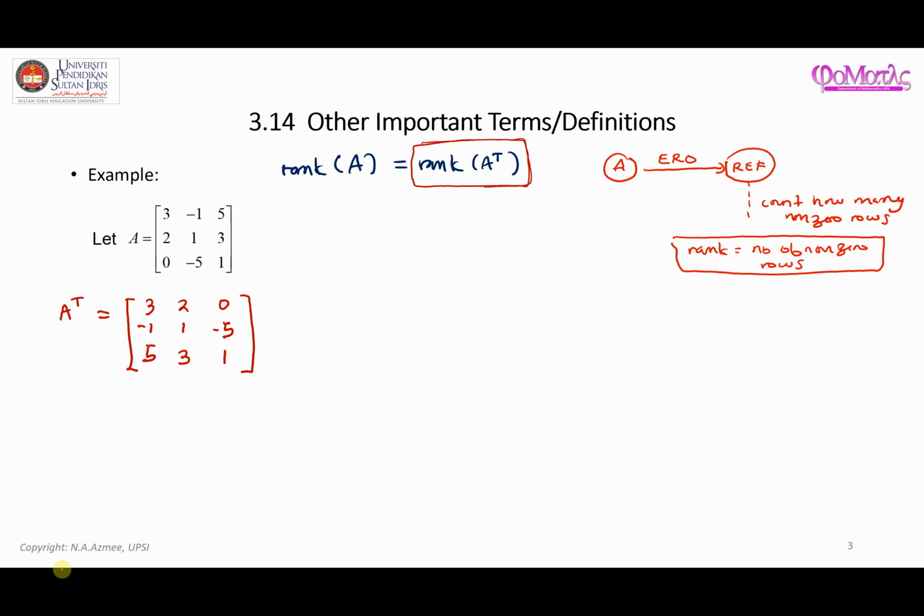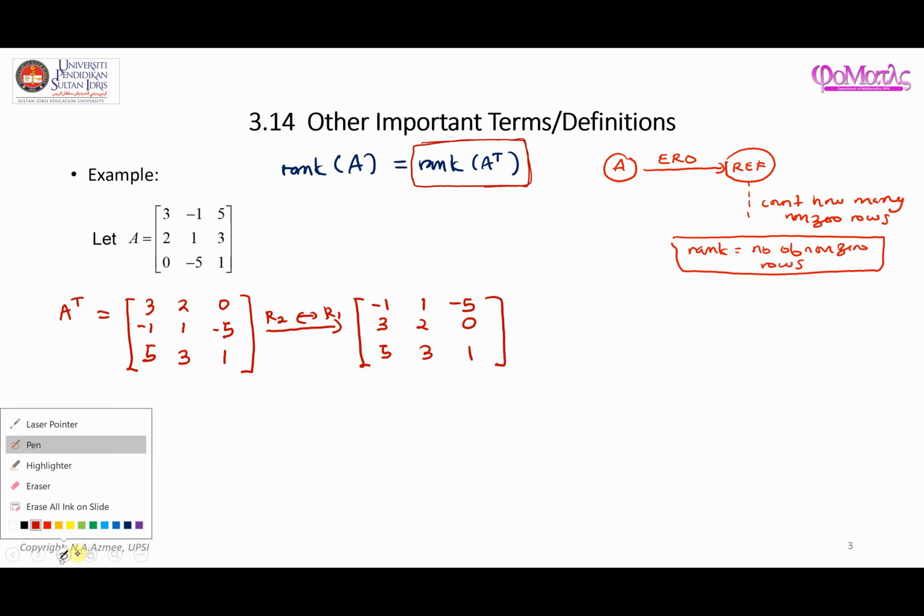And we can start off with, well, I can see here is value 1. So I'm just going to replace the first row with the second row. So we're going to switch the rows here. So R2 switch with R1, and the result is -1, 1, -5, 3, 2, 0, 5, 3, 1.